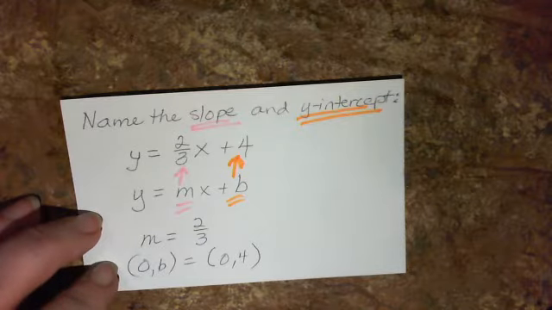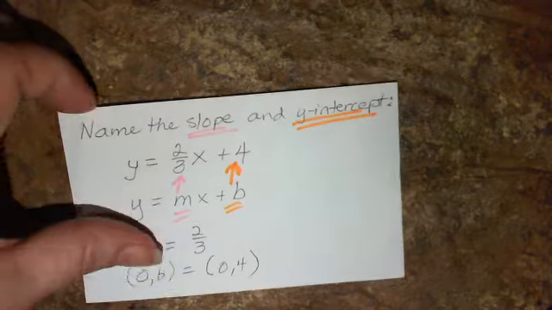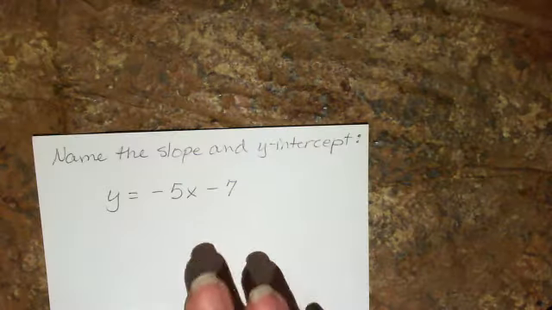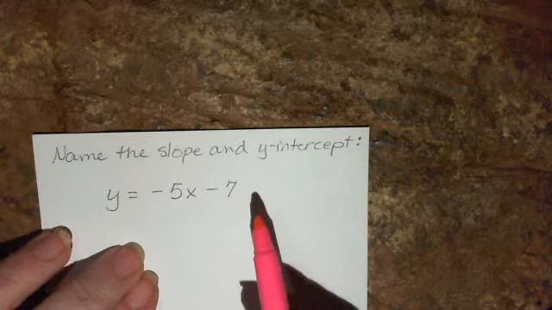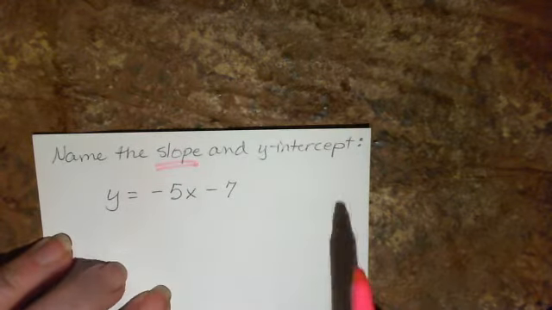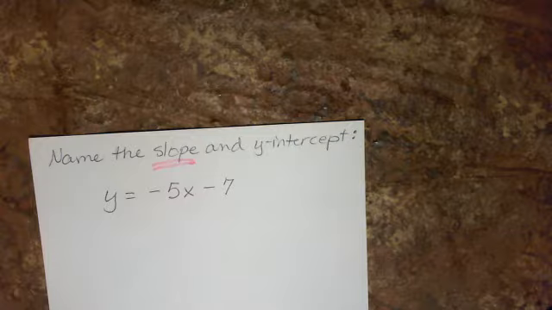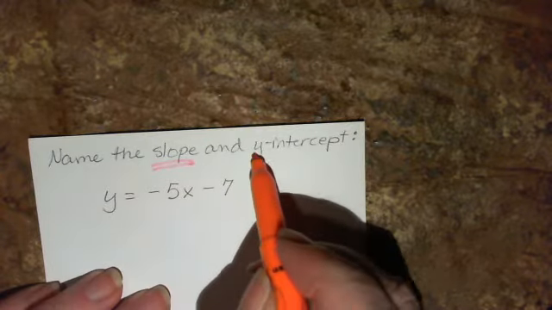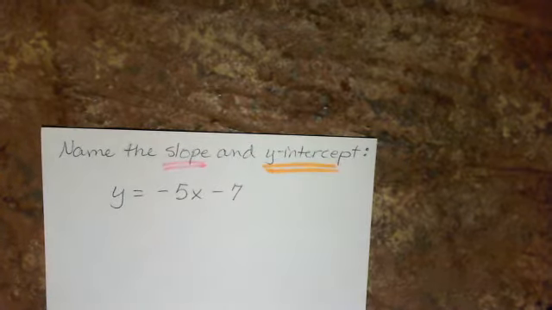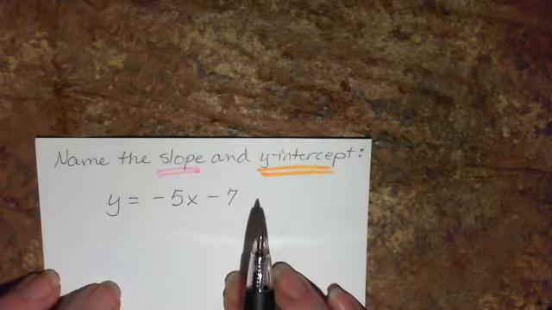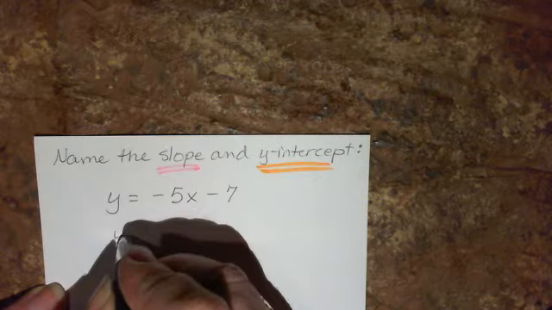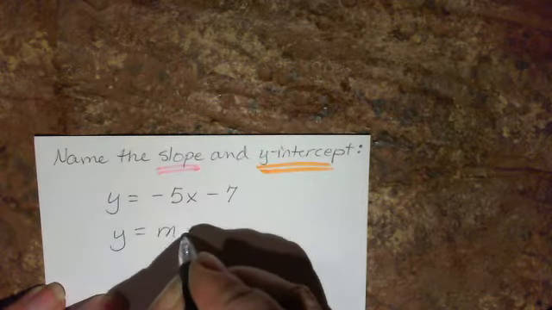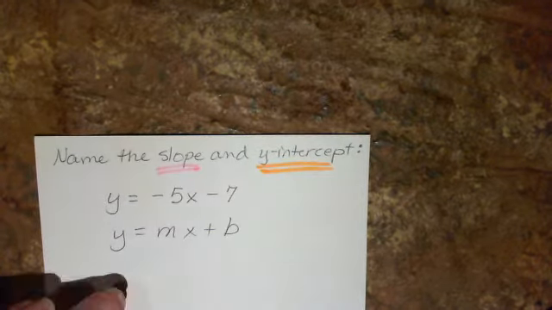Alright, let's do that again from the same perspective, the equation perspective. Let's look at this one and name the slope and y-intercept. Remember, there's a form of the equation that shows slope and y-intercept, the slope-intercept form, y = mx + b.